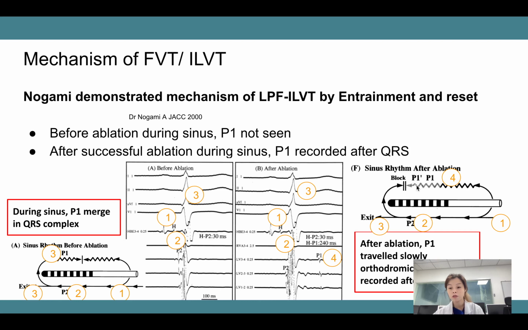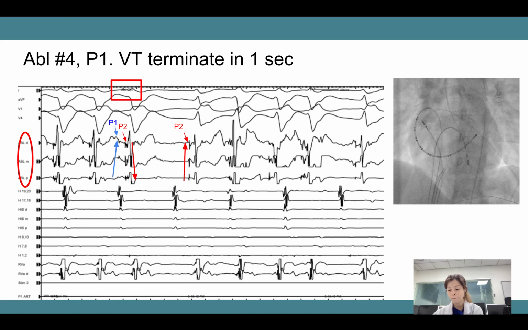At the time when it reaches P1, it is already after the QRS complex, so it can be seen as a delayed potential after QRS. This is important because it is one of the endpoints of successful ablation.